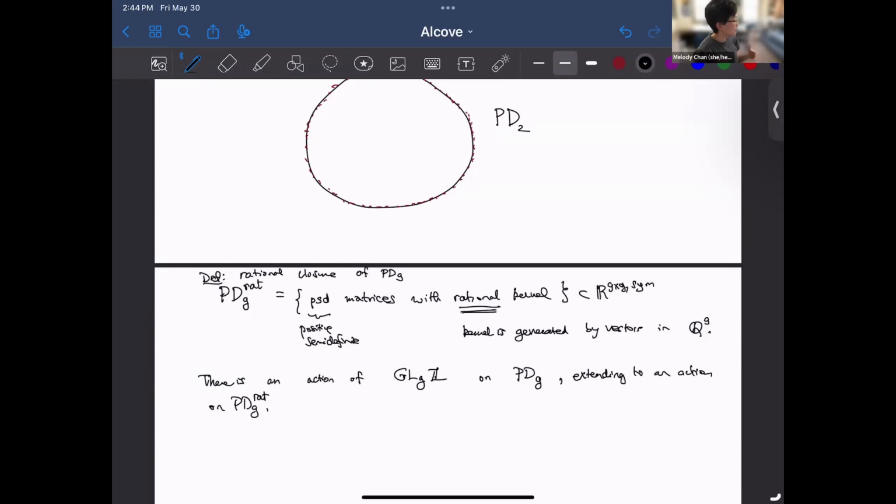After all, a positive definite matrix can be conjugated by an invertible matrix. So the action is X goes to A X A transpose.